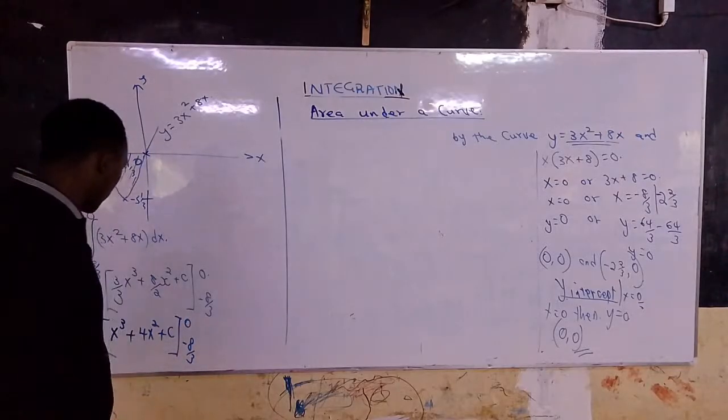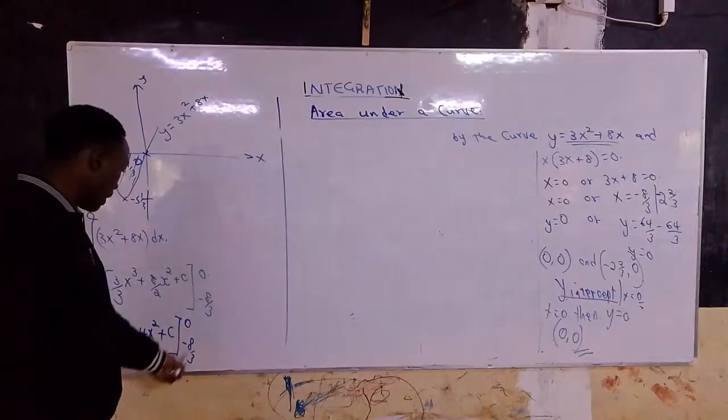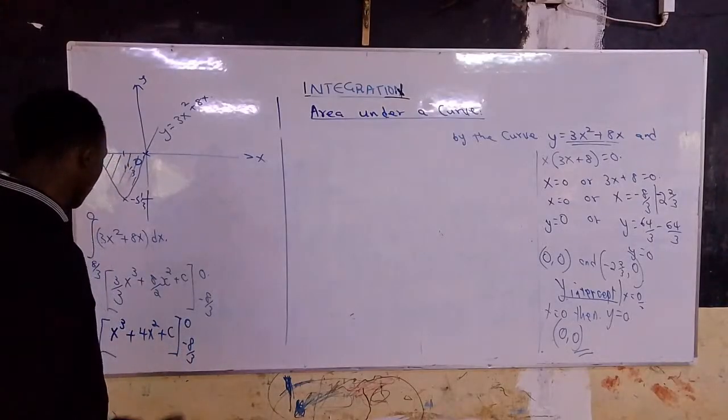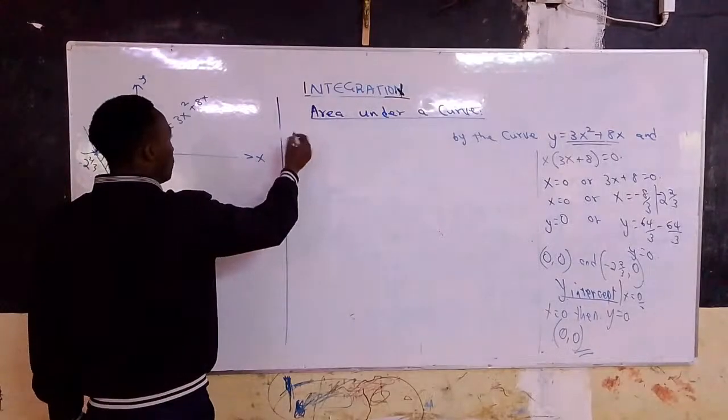So we are going to take the first, we substitute 0, then we subtract the value at negative 8 over 3. So it's going to be 0 cubed.